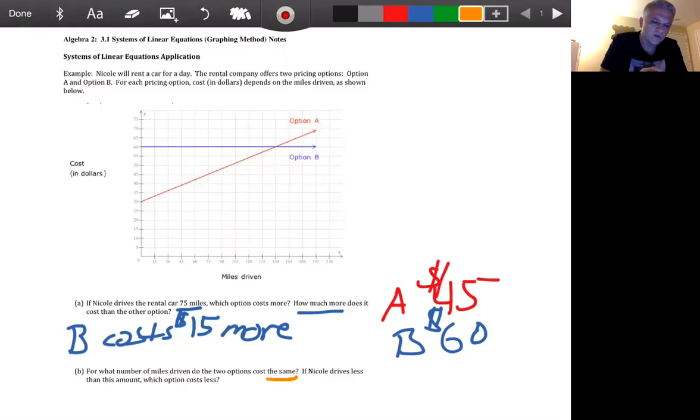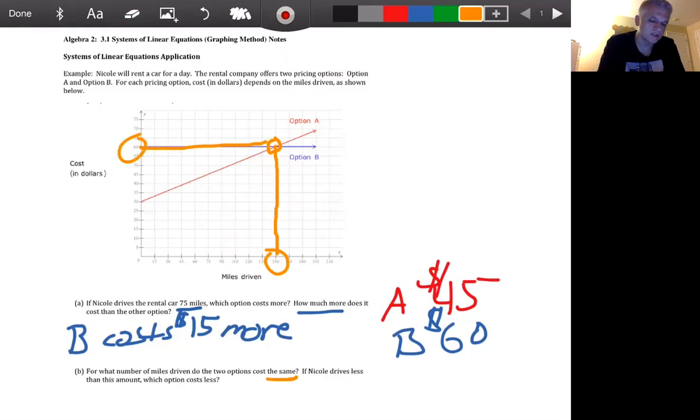So when the red has the same y coordinate as the blue, well, that's where they intersect. That would be at this point right about there. Okay, that's where they intersect. So it looks like they intersect when the miles driven is 150. Okay, so at 150 miles driven, both options would cost $60.